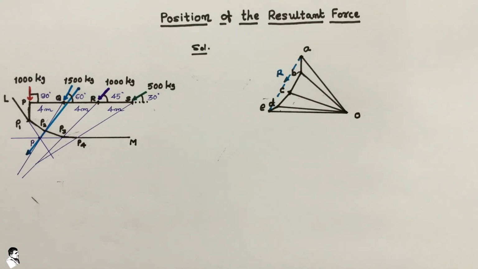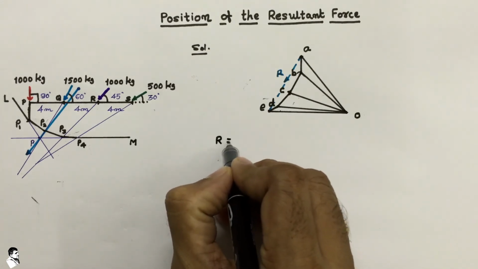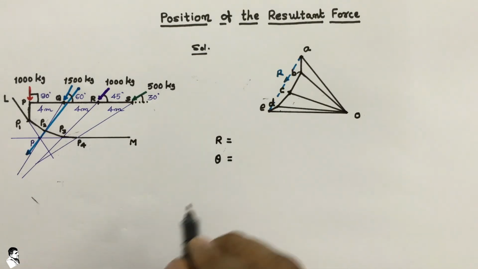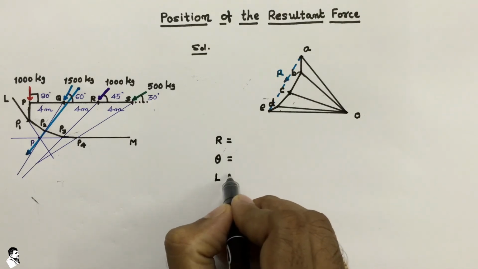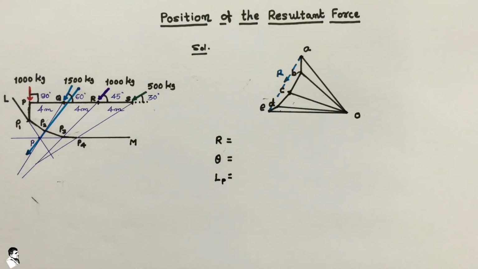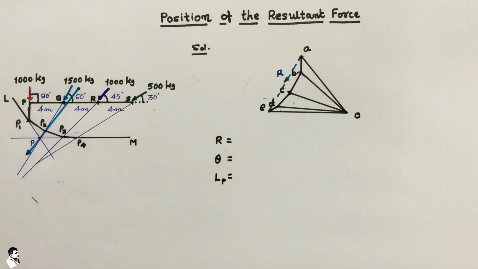Now we have to measure the appropriate dimension of that particular line, which gives the value of the resultant. Also we have to measure the angle theta it makes with the horizontal, and the length from point P. That gives the appropriate location of the resultant of this given force system.